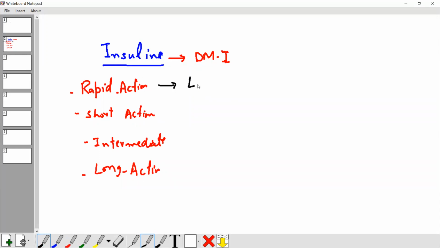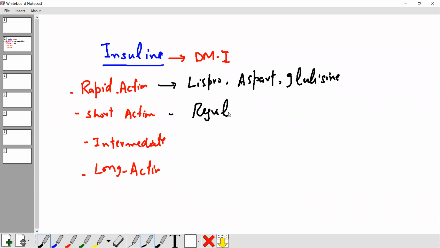Rapid action: Lispro, Aspart, Glulisine. In short action, regular human insulin. Most commonly we use regular insulin.